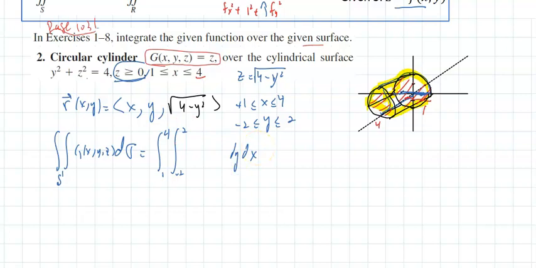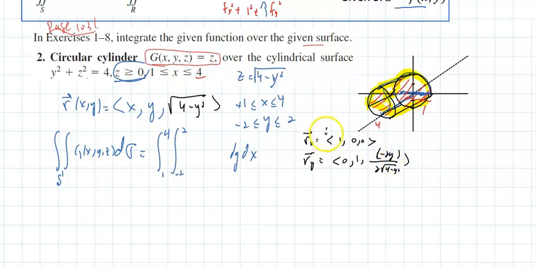What I need to figure out on the side is, well, what's r sub x? That is 1, 0, 0. What's r sub y? That is 0, 1, 1 over twice the square root of 4 minus y squared times -2y.